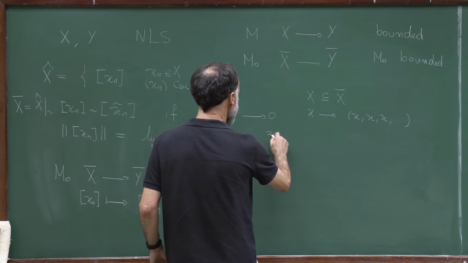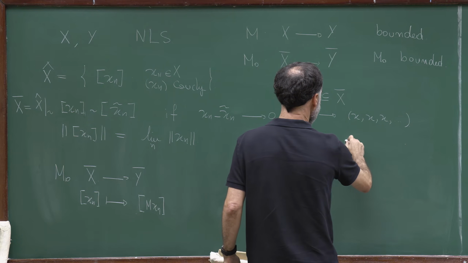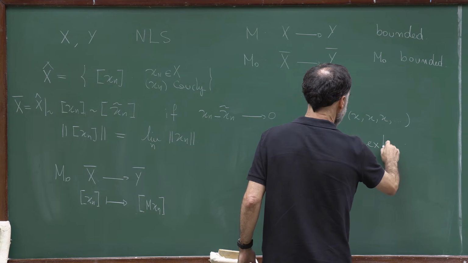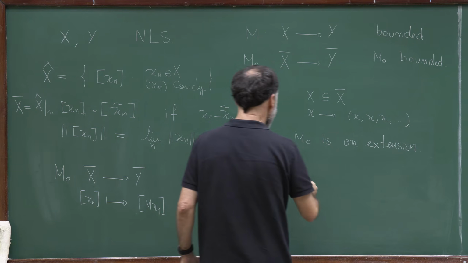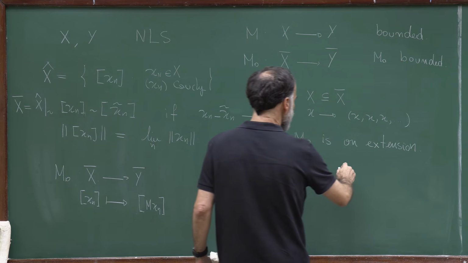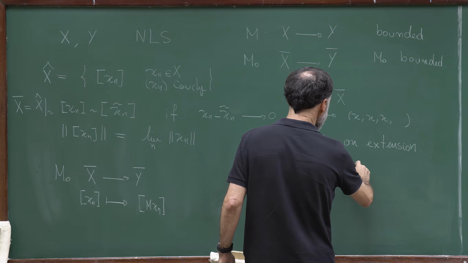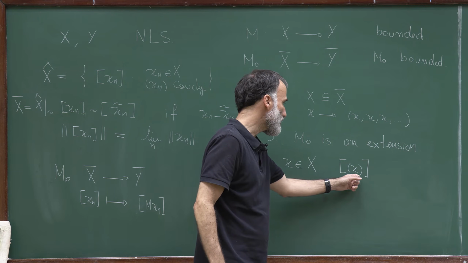Well, let's first show that M0 is an extension. So let's consider a point x in X. Let's consider the equivalence class of the sequence which is constant equal to x.